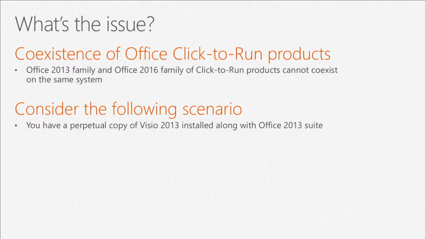Let's say that when your company originally deployed the Office 365 suite for 2013, you had a need for a few users that needed Visio or Project. So you went to your neighborhood store or Amazon or some Microsoft authorized reseller, and purchased off-the-shelf perpetual copies of Project and Visio.